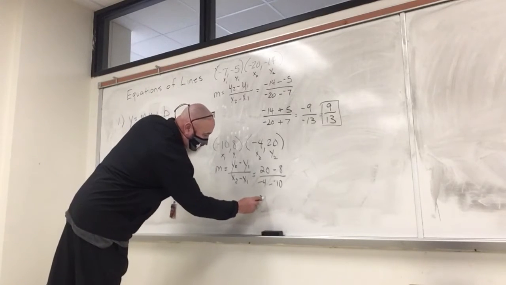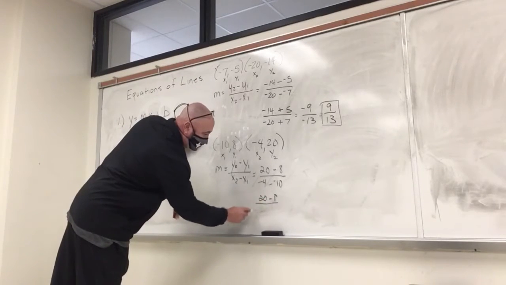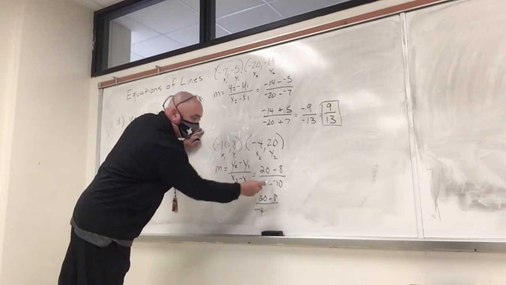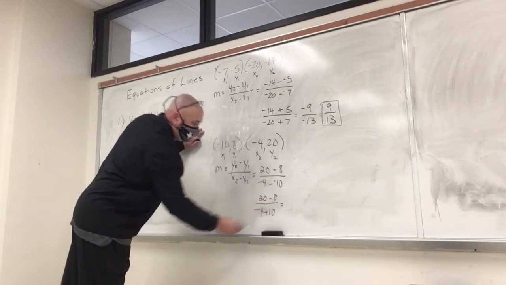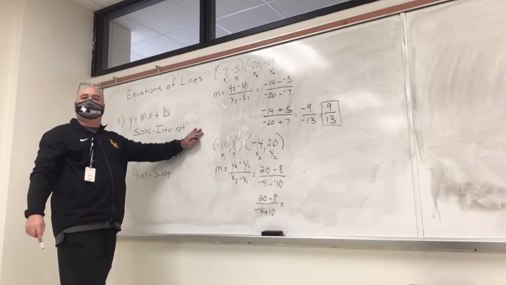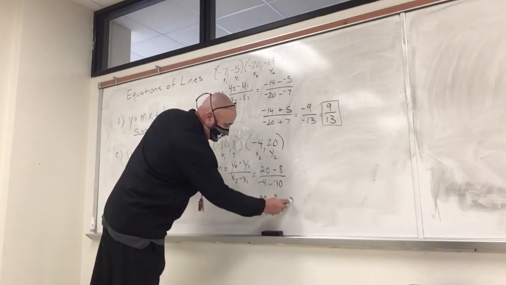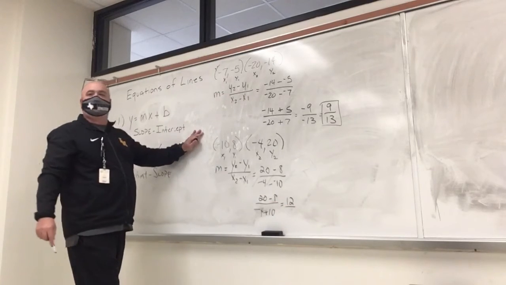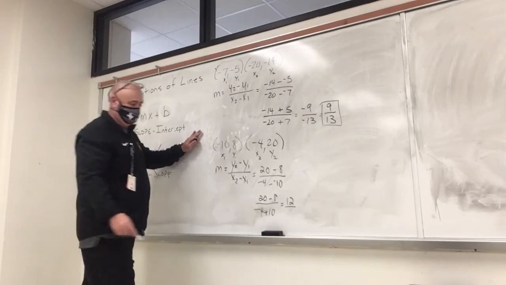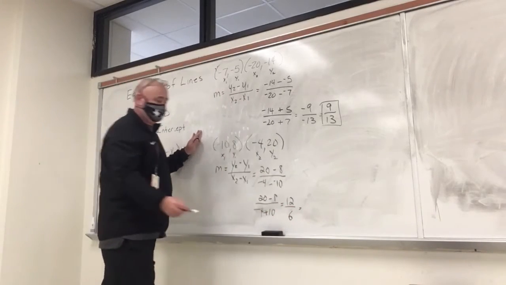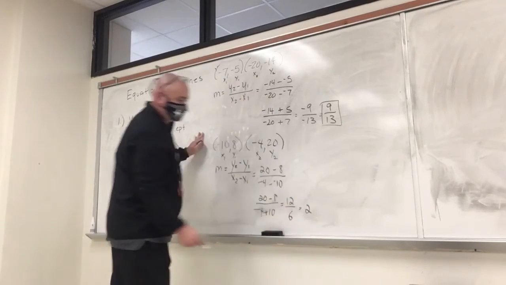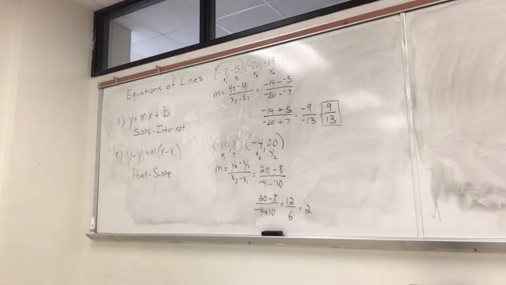I've got 20 minus 8 divided by -4 minus a negative makes plus 10. 20 minus 8 is what? 12. And -4 plus 10 is 6. 12 divided by 6 is 2. Okay? And that is my answer. Next problem.